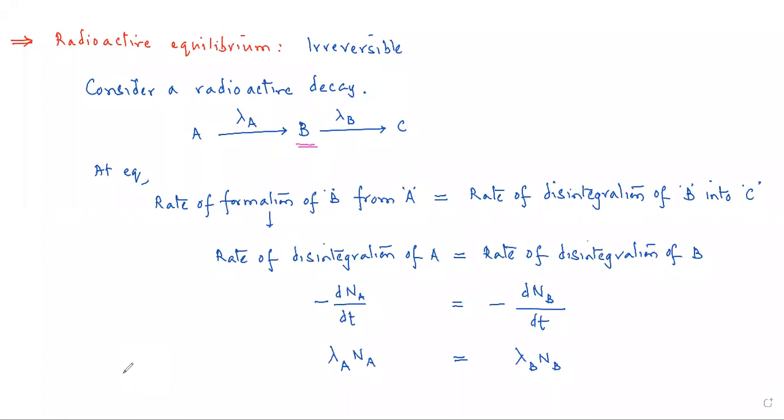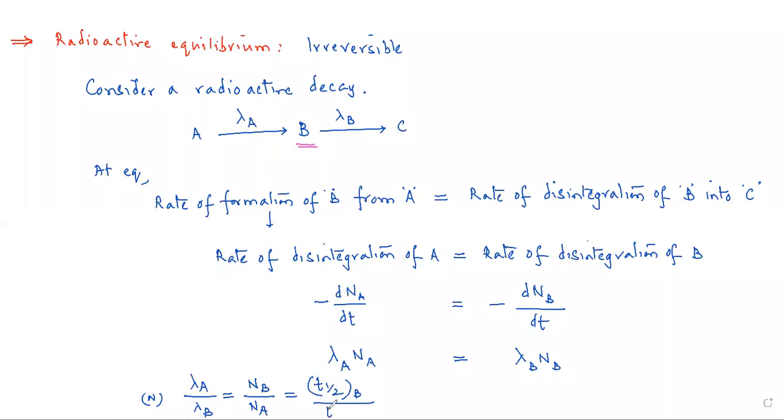Okay. Or the same can be represented as lambda A by lambda B is equal to NB by NA. And lambda and T half are of course inversely proportional.